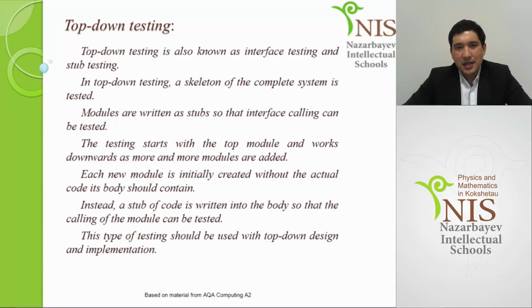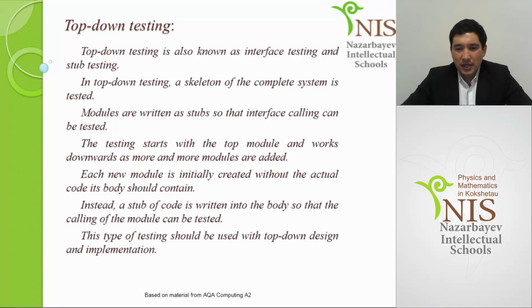Second is top-down testing. Top-down testing is also known as interface testing and stub testing. In top-down testing, a skeleton of the complete system is tested. Modules and stubs that interface calling can be tested. The testing starts with the top module and works downwards as more and more modules are added.